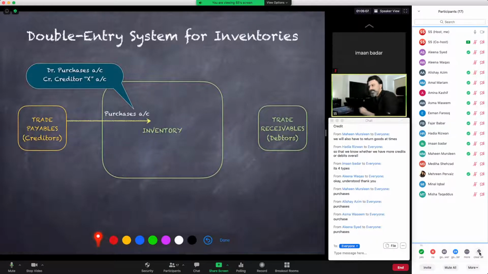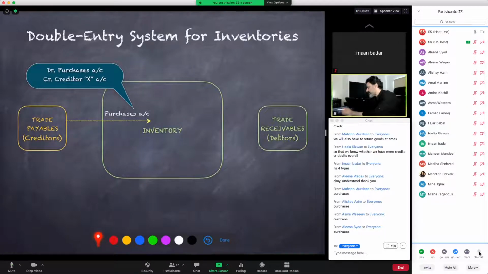Because you can see purchases account is contributing towards the asset of inventory. And why are we crediting the creditor X's account? Because creditor X is our liability, and buying goods on credit from X actually makes you owe him more. We understand this journal entry? Yes, very good. All of us understood?